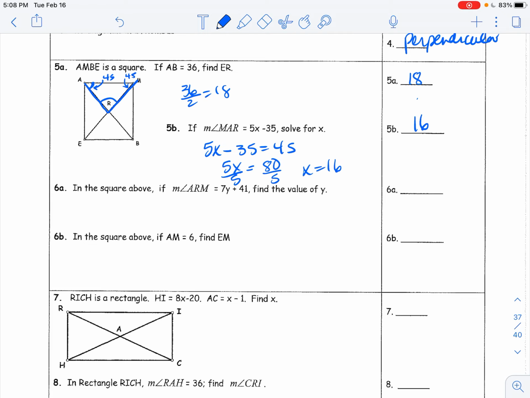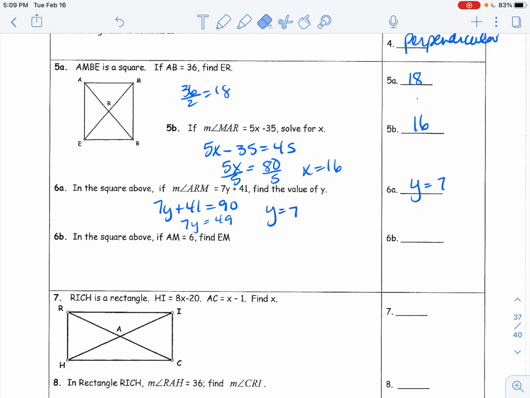This one right here is also 45. The three angles in a triangle have to add to 180, so we know that ARM, this angle is 90. So 7y plus 41 is equal to 90. If I subtract 41, 7y is equal to 49, and divide both sides by 7, y is equal to 7.